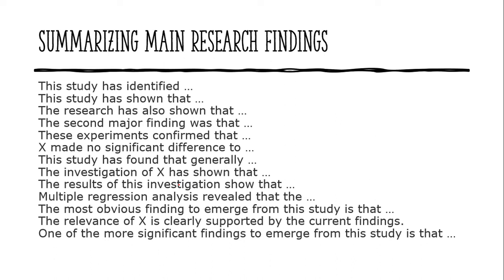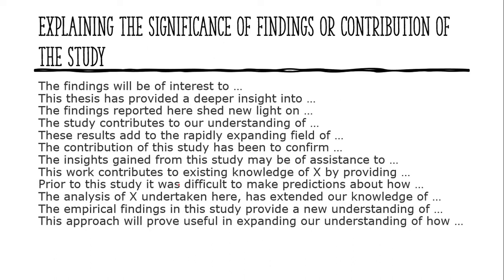Or you can write, the research has also shown that, and then maybe another result. Maybe you have other results. So this is the phrase that will help you to write your research findings in the conclusions.